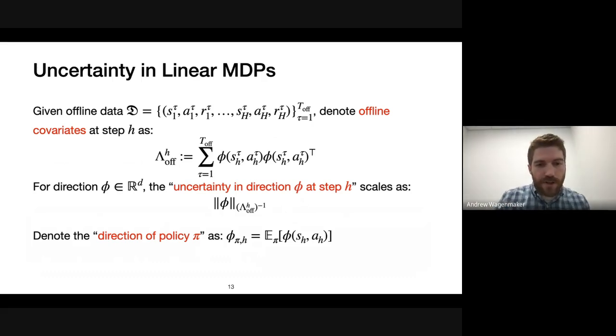We'll also define here the direction of the policy pi, phi pi of h. This is the expected feature vector that policy pi will encounter during operation. So you can think about phi pi of h as quantifying something like where policy pi is reaching, at least in some expected sense.